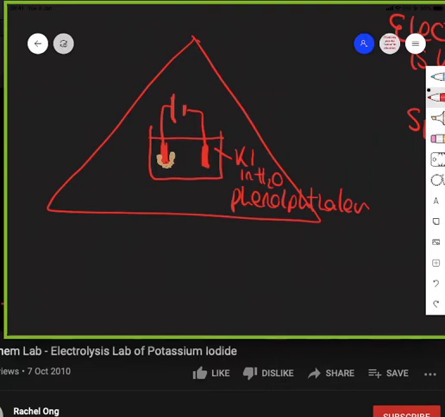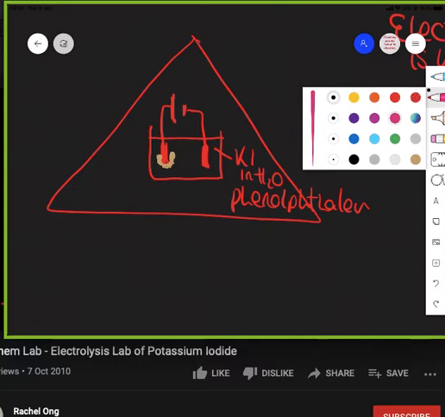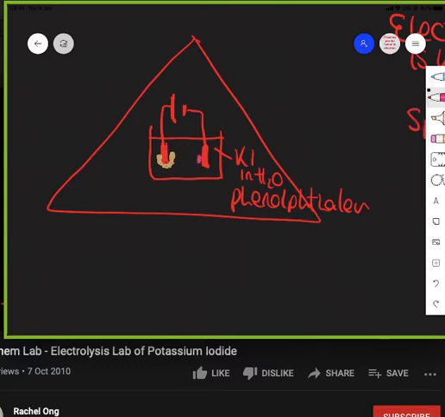Am I right on this side? No. Okay, so we get the brown on this side. On this side we will get pink, and we will definitely get bubbles. I'm right on that.